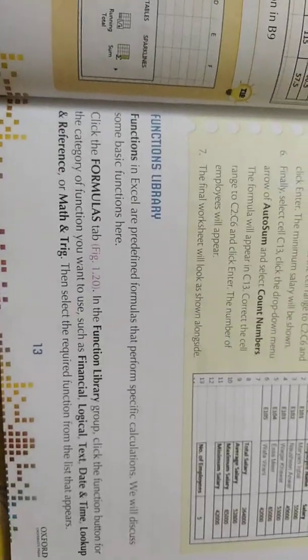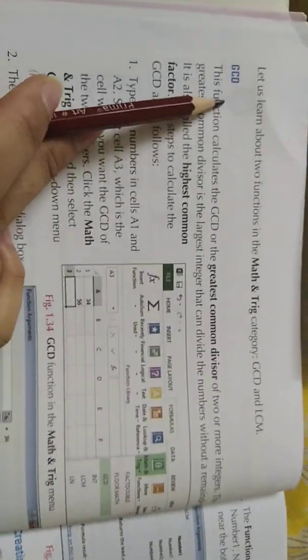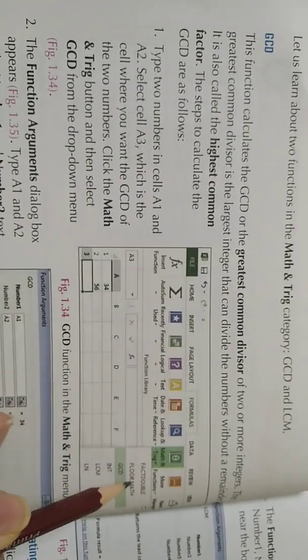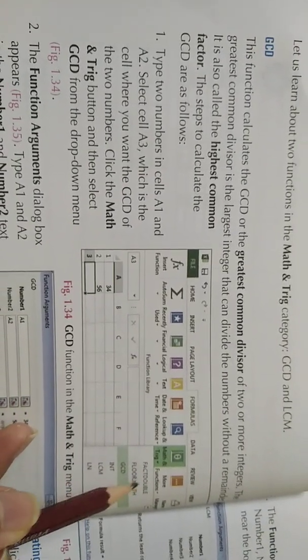Then there are function libraries present in your formulas tab, through which you can apply some other functions, for example, GCD. GCD means greatest common divisor. It is given in the math and trig option. When you click on it, you will see that different types of formulas are given there.